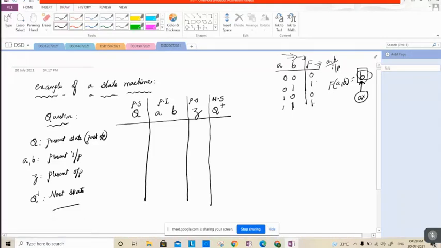Now suppose the function is present in this way. What is the expression for this? F of AB will be equal to 0, four zeros. For this, what are the inputs? A and B, sir.